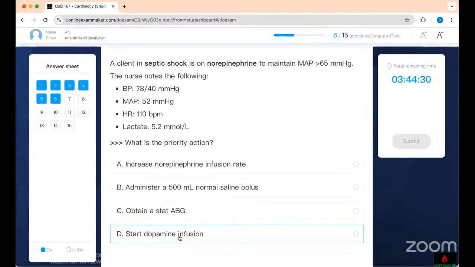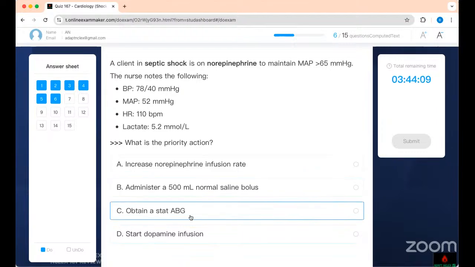The content related to this is we have a MAP of 52, and we want to maintain a MAP of what? Greater than 65, but the patient is still what? Hypotensive. You cannot squeeze them if the tank is still not full. Therefore, these patients, what do you think? If you know your answer, put down your answer.